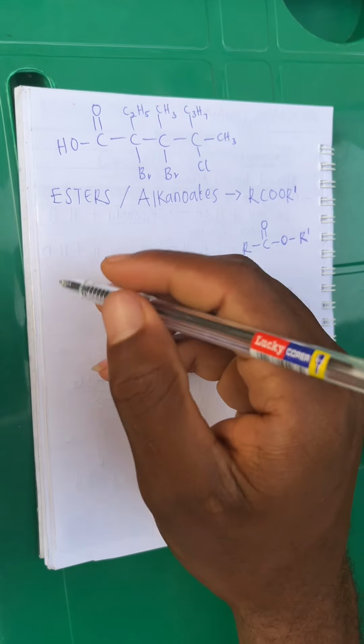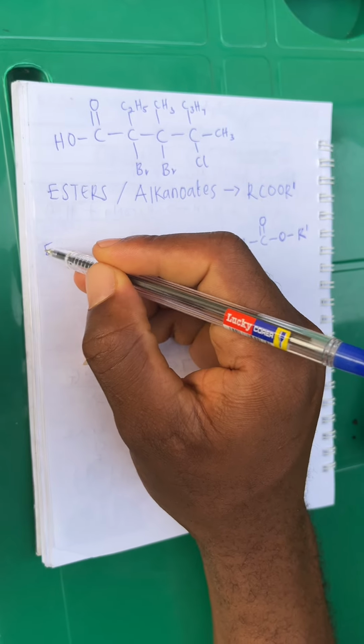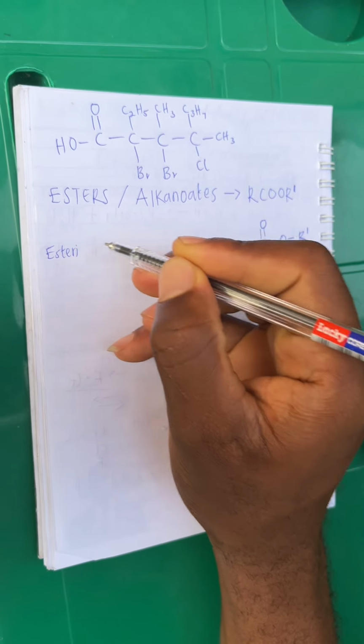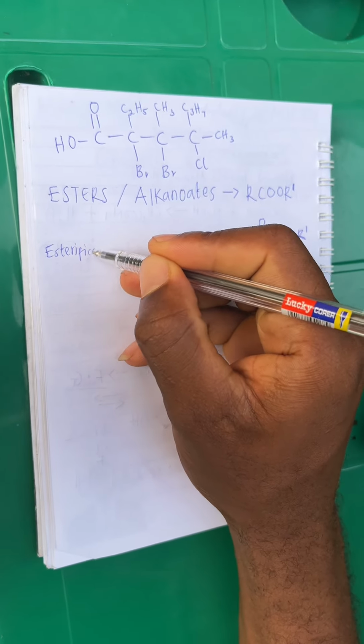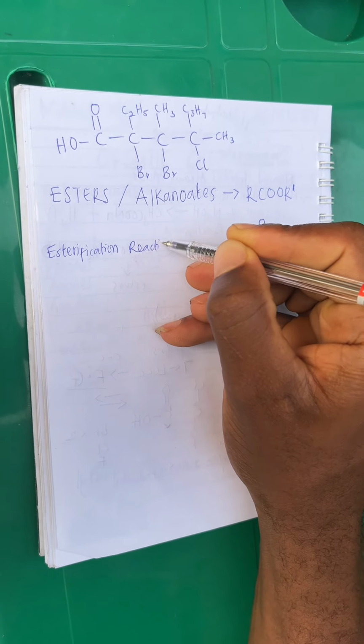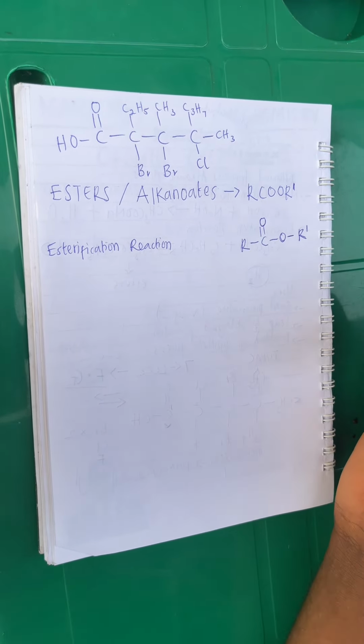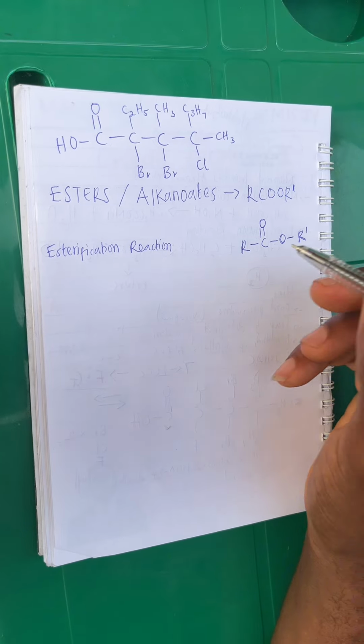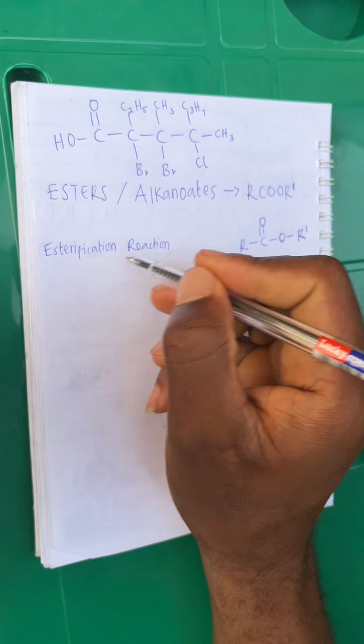Esters are formed through esterification reactions, which I explained under the reactions of the carboxylic acids. What is an esterification reaction?